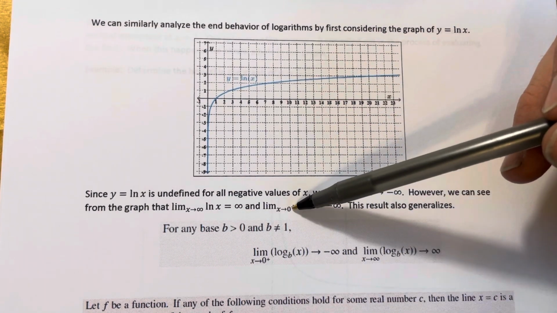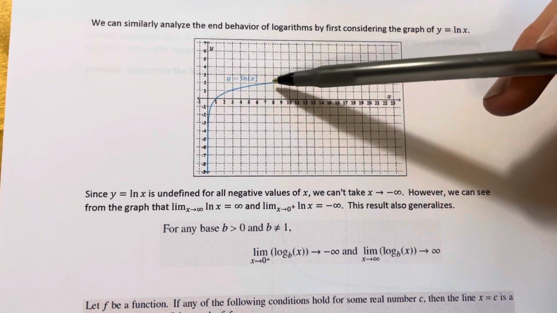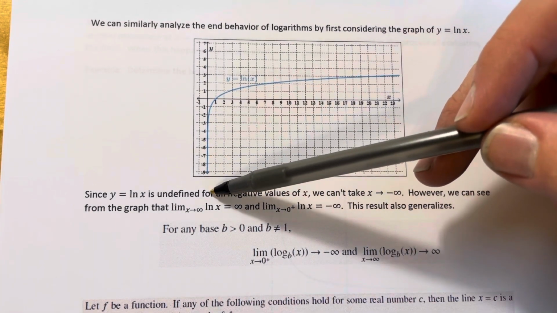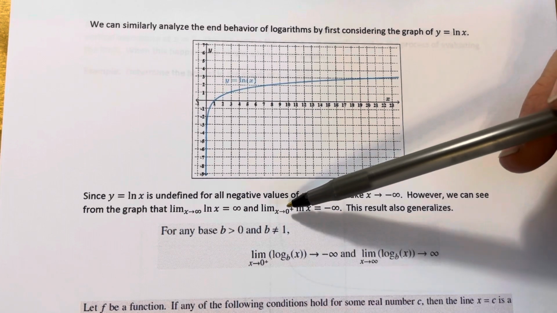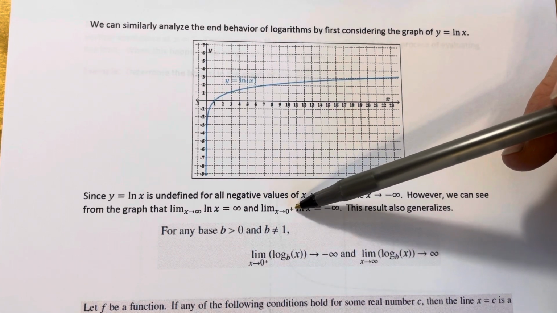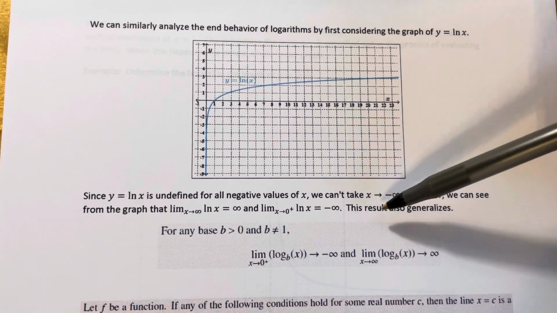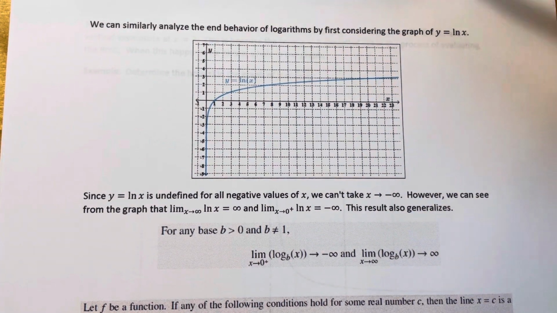As x approaches 0 from the right, we can see that this function takes a nosedive and just starts plummeting down in the negative direction, which suggests that the limit as x approaches 0 from the right of the natural log of x is negative infinity. We can generalize this result to other logarithms.